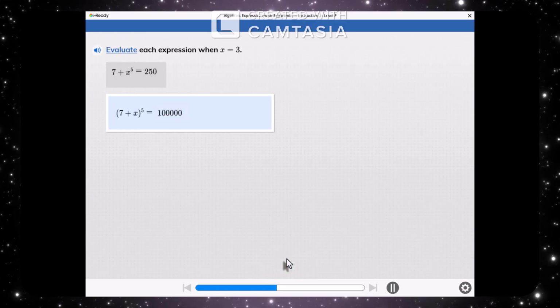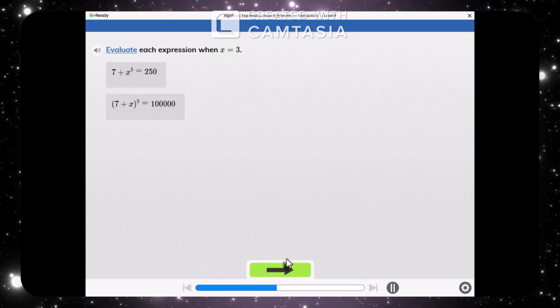I double checked it 3 times because I was not sure if it was right.